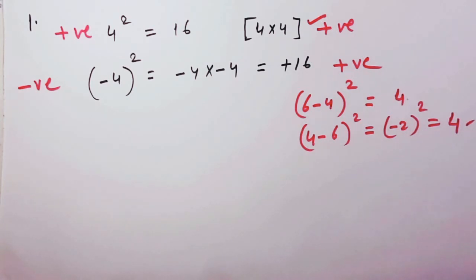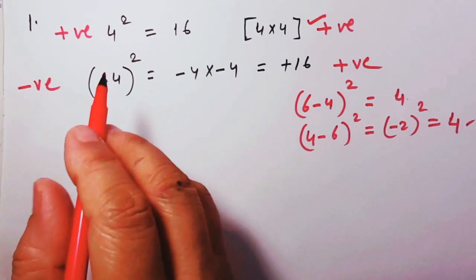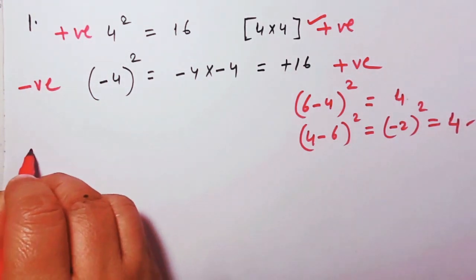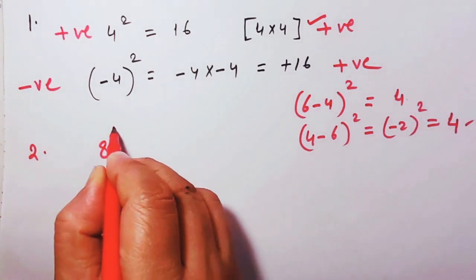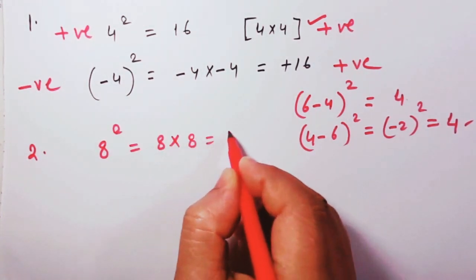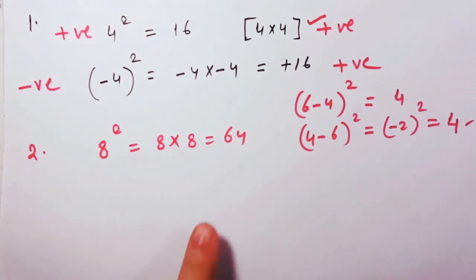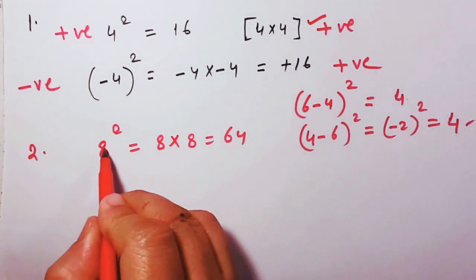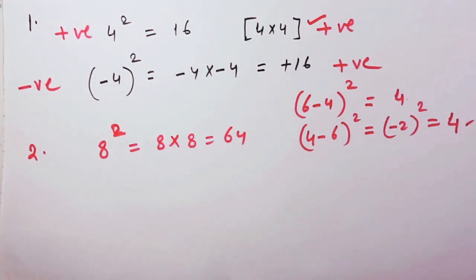Now have a look. Let us take a number like 8. 8 square is equal to 8 times 8 is equal to 64. Now the square root of 64 will be 8. However, 8 is an even number.